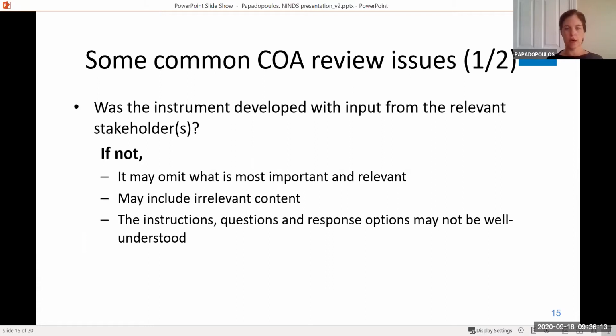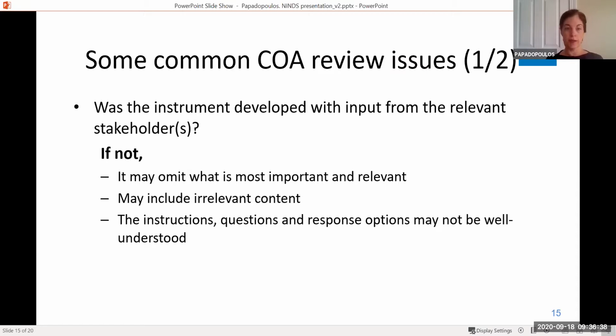So what are some of the common COA review issues that we encounter? Well, one question that we ask is, was the instrument developed with input from the relevant stakeholders? If not, the risk is that it may omit what is most important and relevant.